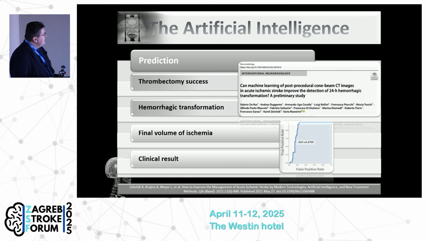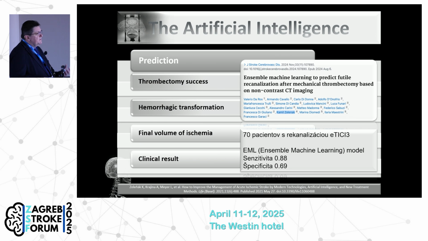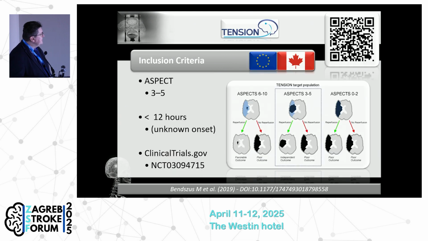And AI can be used also, as was mentioned in the previous lecture, for prediction of thrombectomy success. In the near future, probably we will select the device according to the recommendation of AI, etc. We can predict the final volume and clinical results. And this is really also important because we don't want to do thrombectomy without any clinical improvement. So this is something we should focus on in the near future as well.